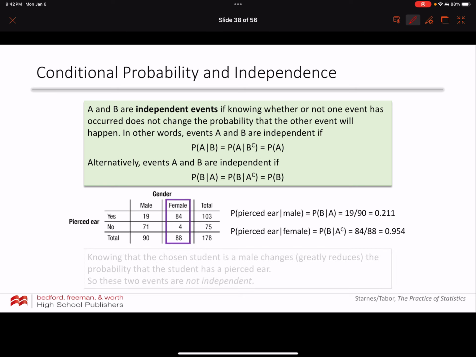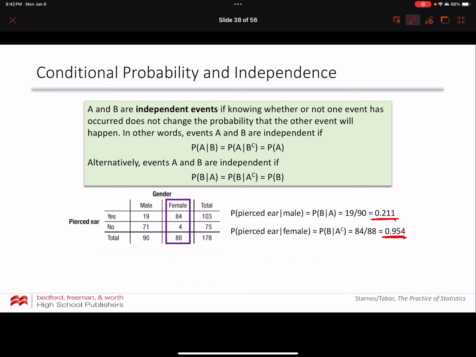And then let me find, before I put that up, the probability that someone has just a pierced ear. So in other words, the probability of B. So the probability that someone has a pierced ear would just be 103 divided by 178.